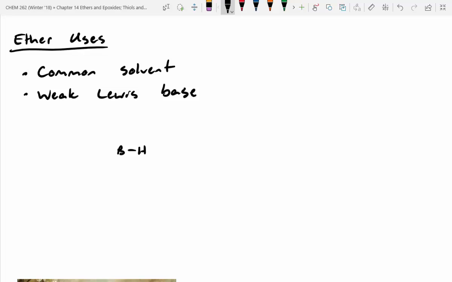So if you think about it, we said borane. If you look at it, it is a trigonal planar compound. We said that it's really, really unstable. You can't just buy a bottle of borane. And that's because it's got this empty p orbital, pretty unhappy.